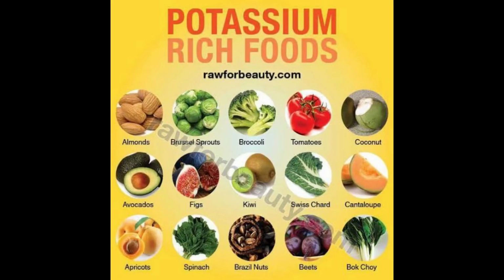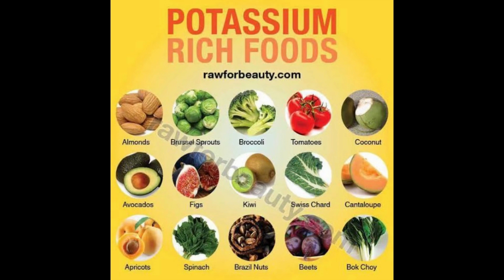So these are potassium rich foods, which include almonds, sprouts, broccoli, tomatoes, coconut, avocado, figs, cantaloupe, beets, bok choy, spinach and apricot. So if the patient is suffering from hypokalemia and the doctor advises you to take potassium in your diet, you can eat these foods so that the potassium level gets increased in your body.